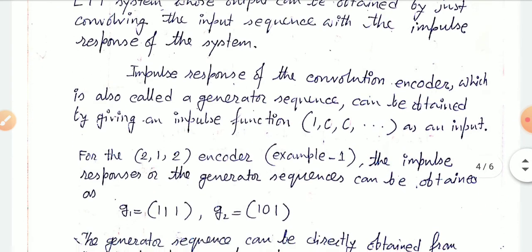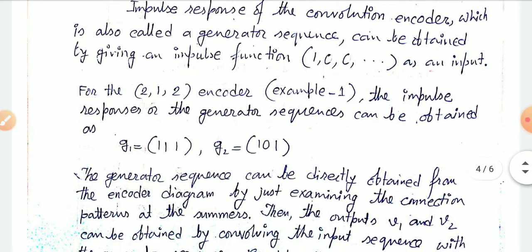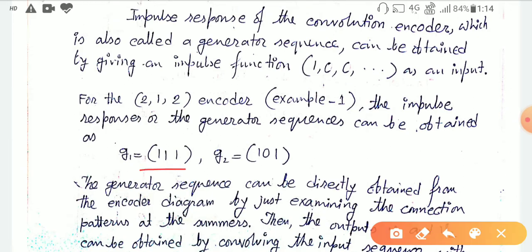For the 2, 1, 2 encoder, the first example I just explained, the generator sequence can be obtained as g1 equal to 111, and 101. This is done using the p1, p2, p3 connections.